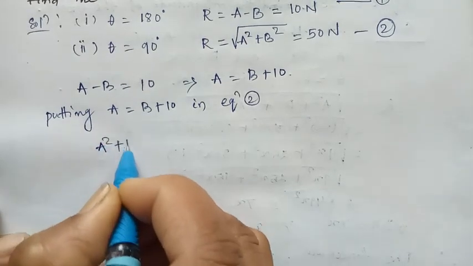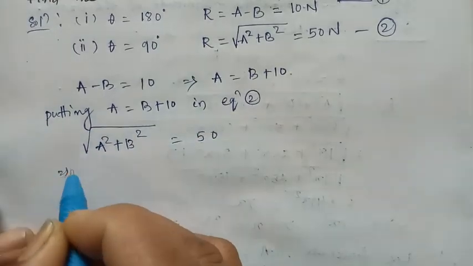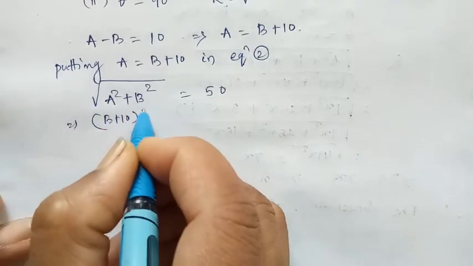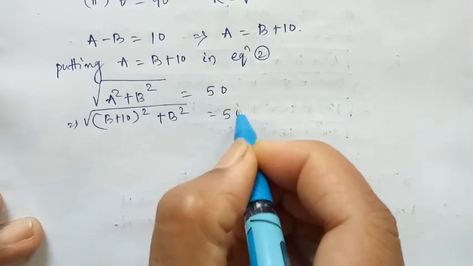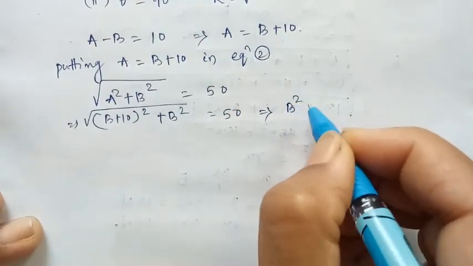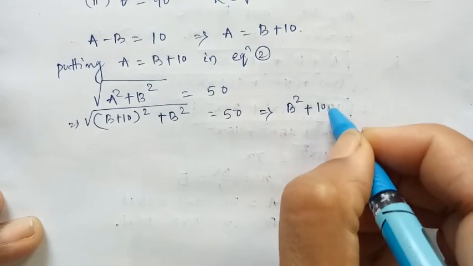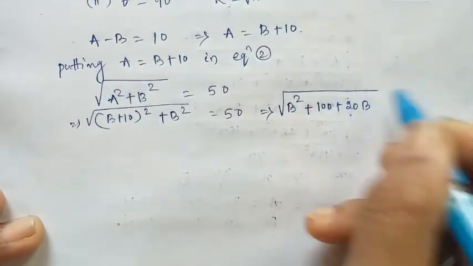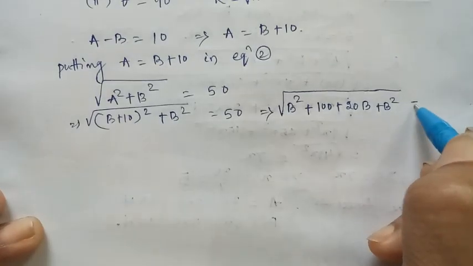A square plus B square, root over, is how much? 50. That means in place of A, put B plus 10: square root of (B plus 10) square plus B square is equal to 50. That implies B square plus 100 plus 20B plus B square is equal to 50.